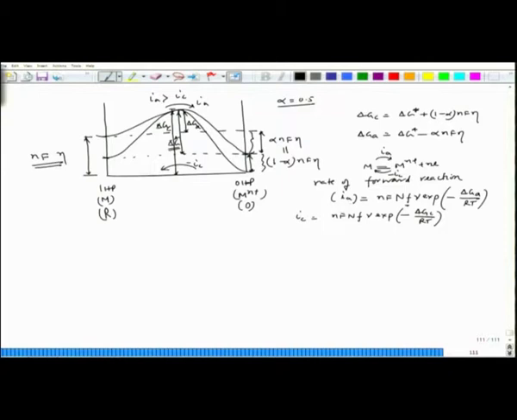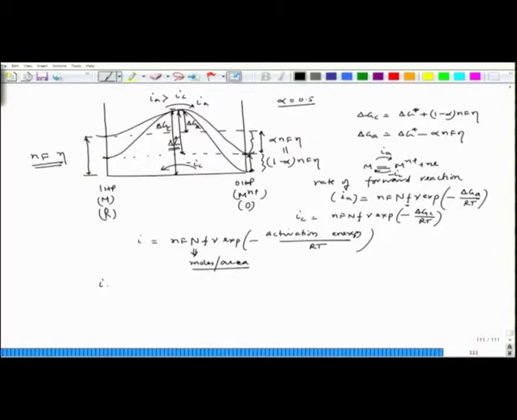and this general equation for I is nothing but NF N, which is the surface density of moles, into F, which is the fraction of atoms or ions that are going from one plane to the other plane, and this is the vibrational frequency, exponential minus activation energy divided by RT, since this is considered in terms of moles per unit area.